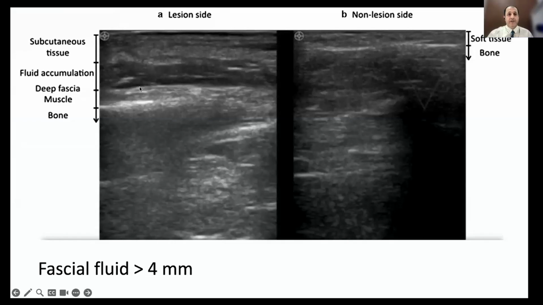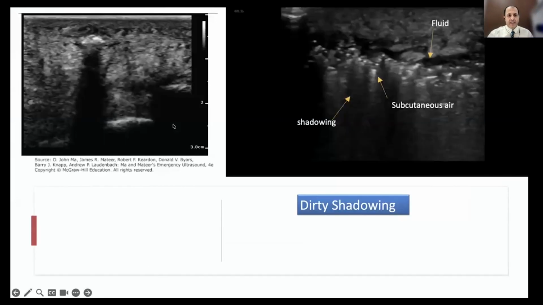So it is very important to check over the fascia to see if there is fluid accumulation and what its size is. If it is more than 4 mm, it looks like it may be necrotizing fasciitis, and we need to be more invasive, start antibiotics, and do a more sensitive imaging modality to rule out or rule in necrotizing fasciitis.